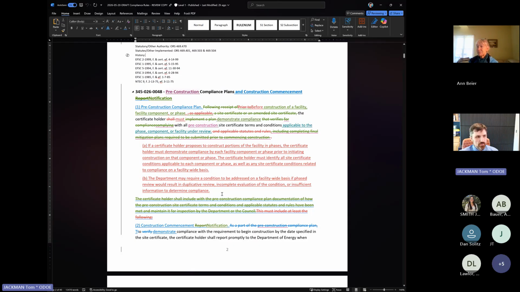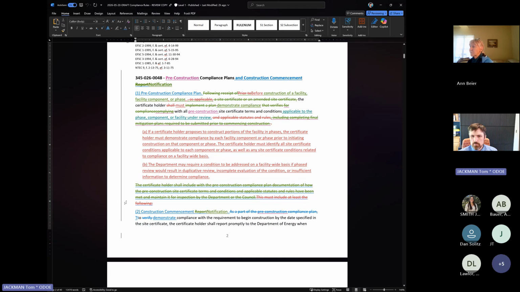These draft rules were a team effort, more so than usual, from the siting department. Everybody had thoughts and feelings about it. Let's put it that way. So in 48 here, we have some additional clarification on the pre-construction compliance plan.